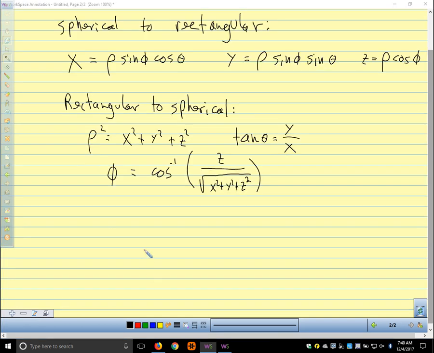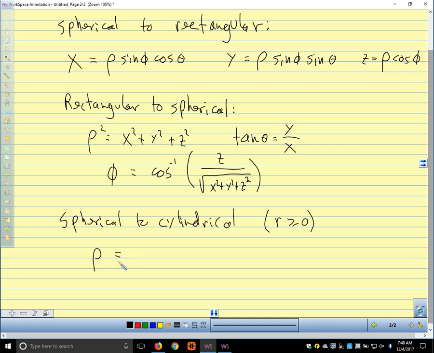And then we can go spherical to cylindrical. And we're saying that r, again, our polar r is greater than or equal to 0.